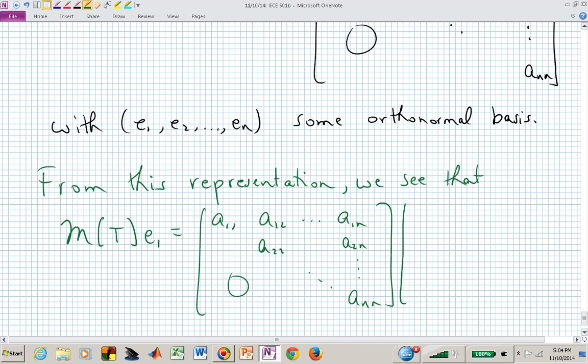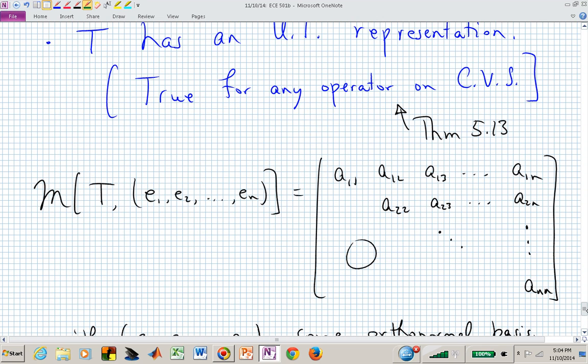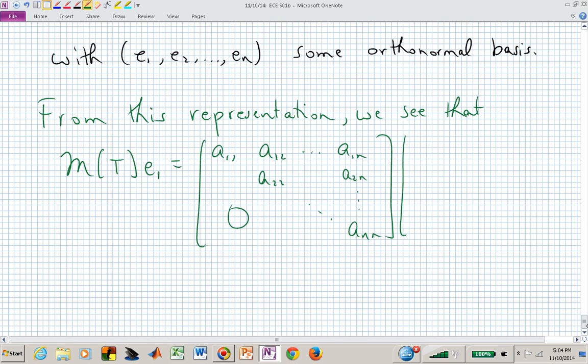E1 is the first orthonormal basis vector.